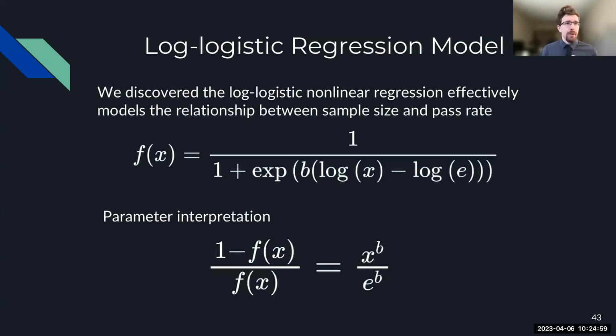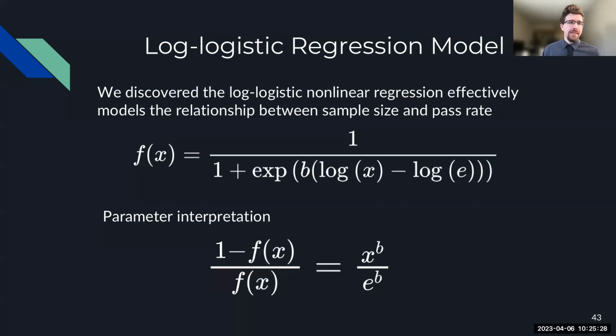The log logistic model is very uncommon as far as what you might come across in a normal class, but it was defined for our package as 1 over 1 plus e to the b times log of x minus log of e. Note that b and e are both coefficients of the model. e is not the natural number e. As confusing as that is, it's just the parameterization used by the package.